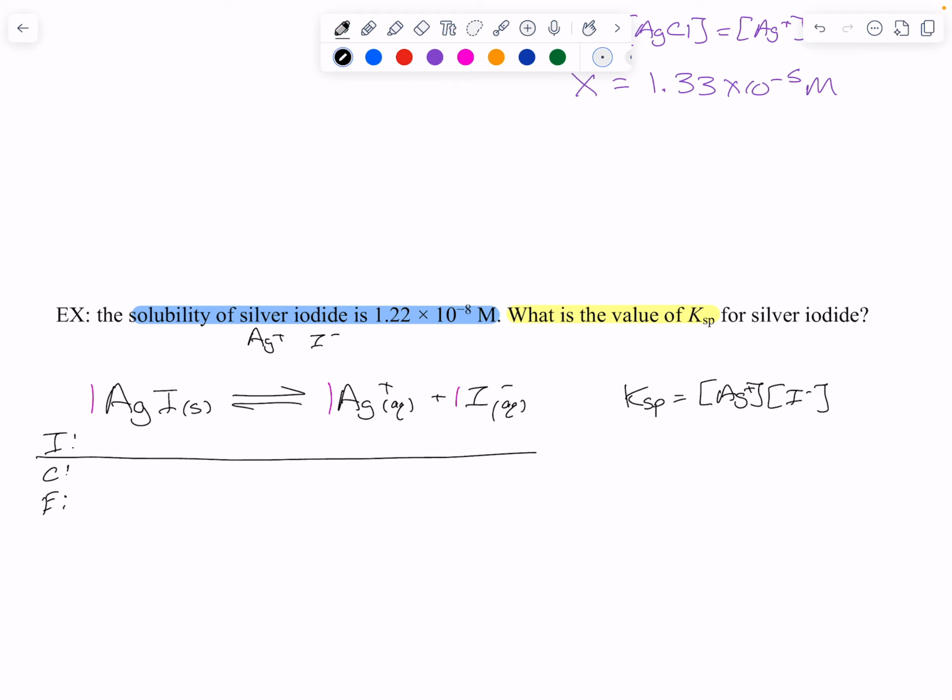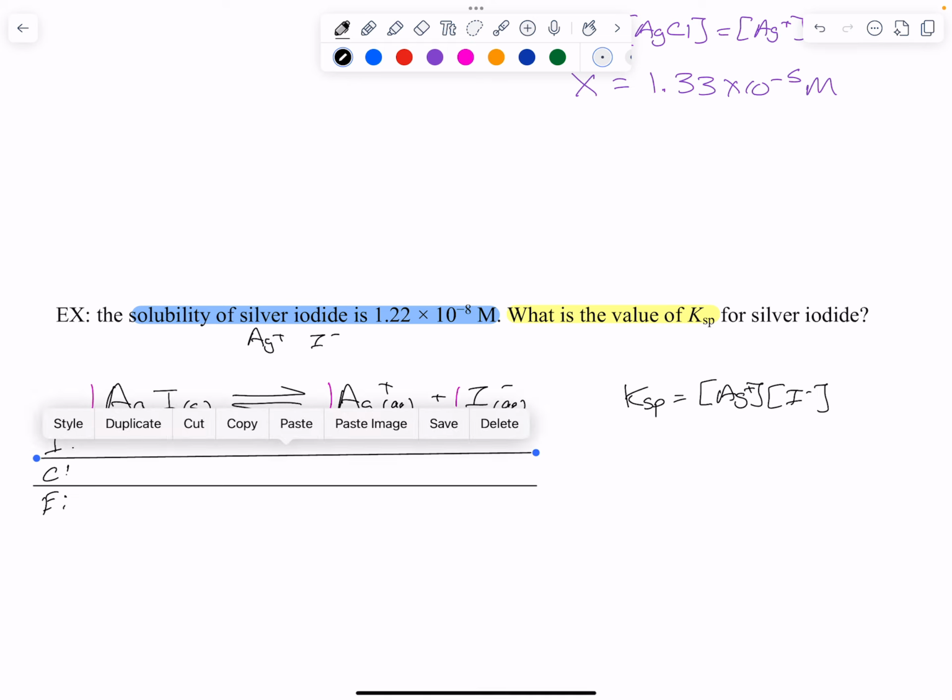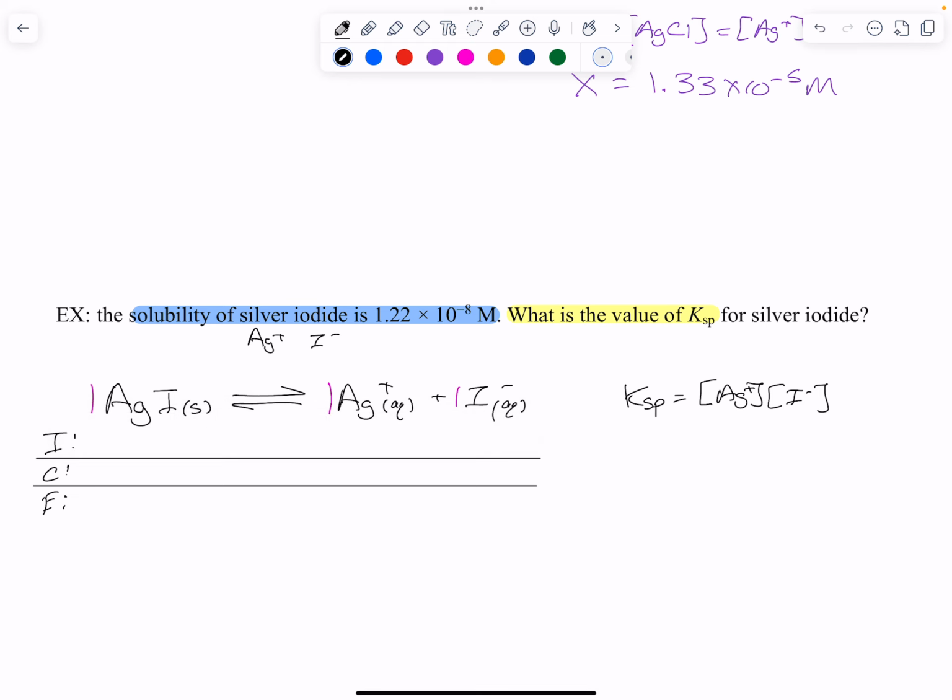If I were to make my ice table here, those lines don't look parallel to me and it bothers me, I'm sorry. There we go. We know that this is 1.22 times 10 to the negative 8 molar and 1.22 times 10 to the negative 8 molar, right?